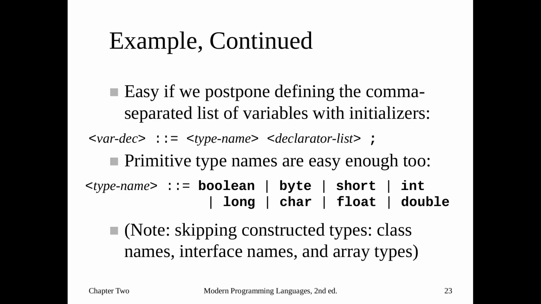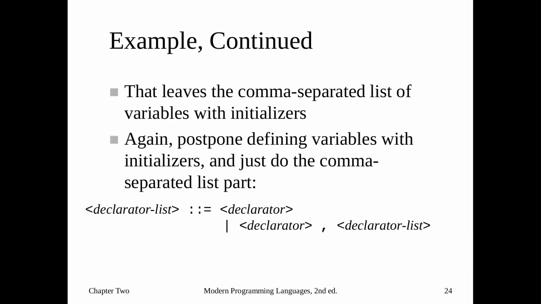So then, what does a type name mean? Well, it can be any one of the primitive types, which are listed here, and then it can also be any possible class or interface or array type. We're not going to get into that part because the rule for variable declaration is actually quite large, and perhaps in class I'll show that, but it's pretty nasty.